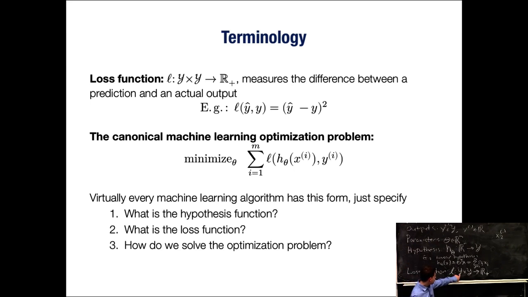So one of these two y's here is a prediction. By convention, I'll use the first one as the prediction. The next one is the actual. Depending on how different these two are, we're going to get some positive real number there. Now, I'll change this a little bit next time when I talk about classification, but for now you can think about it like this.